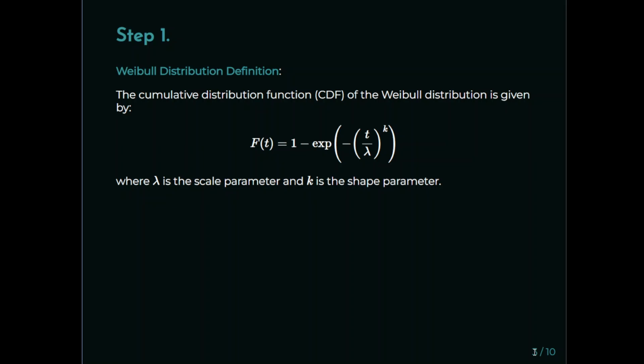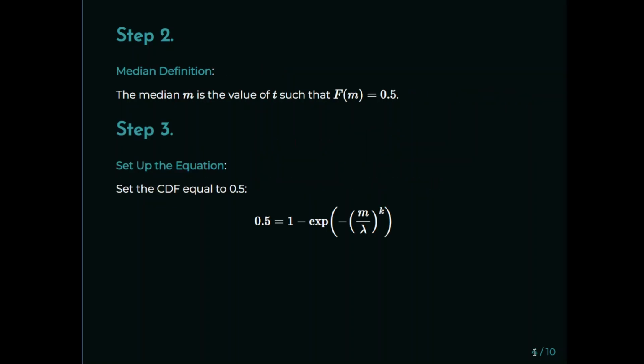Okay, so that's the first step, and the second thing we have to do is define the median. The median m is the value of t such that F of m equals 0.5. So essentially we express the cumulative distribution function in terms of m and let that equal 0.5.